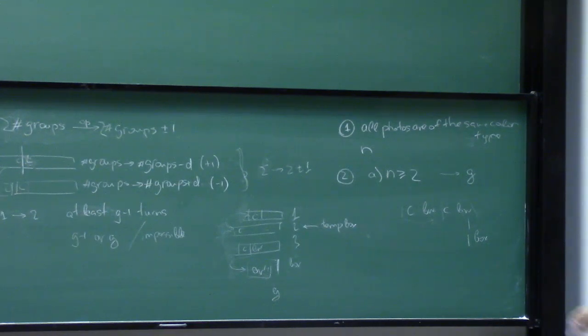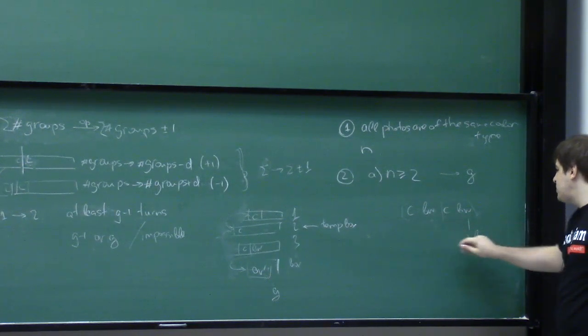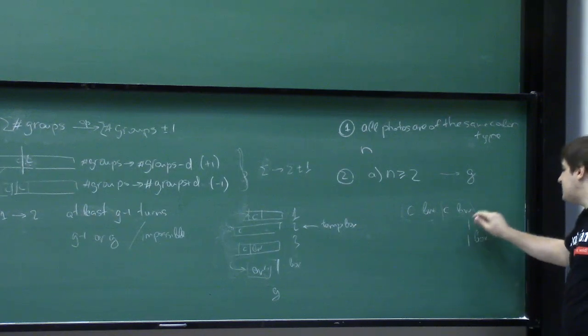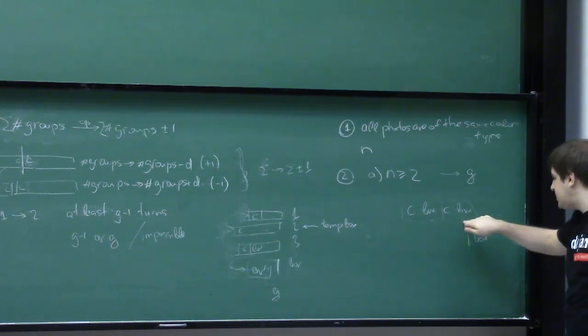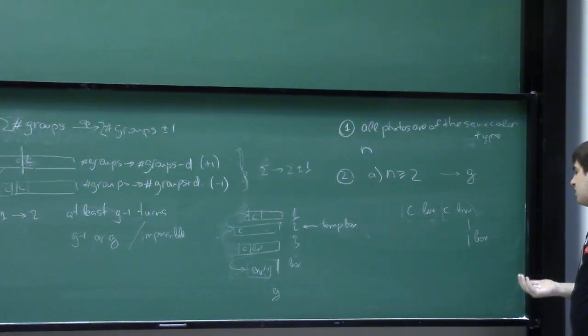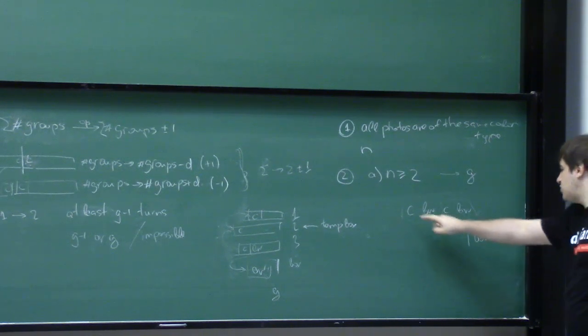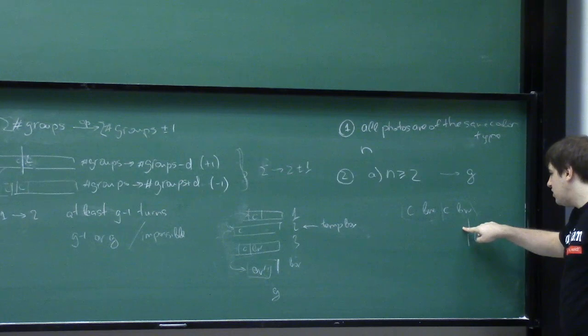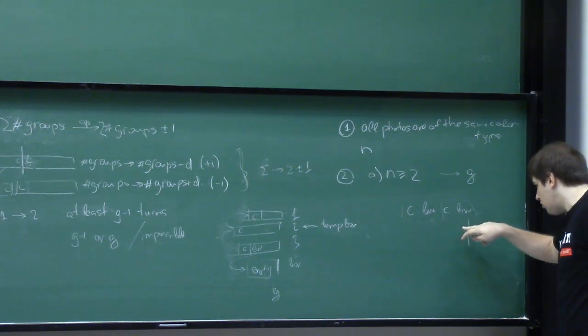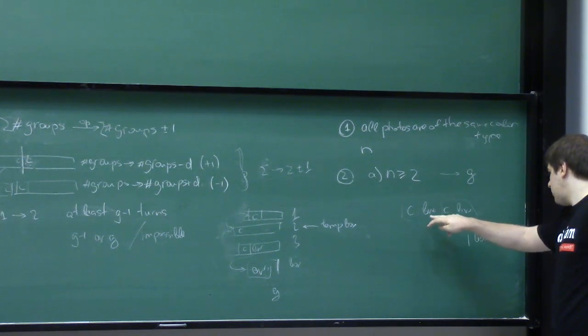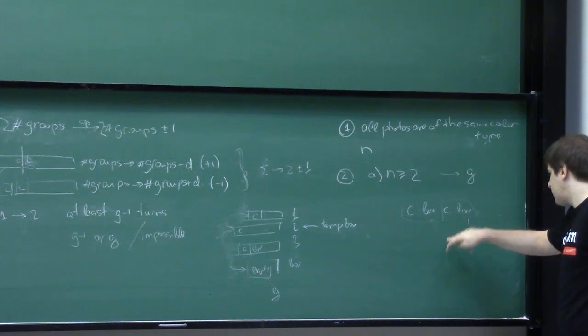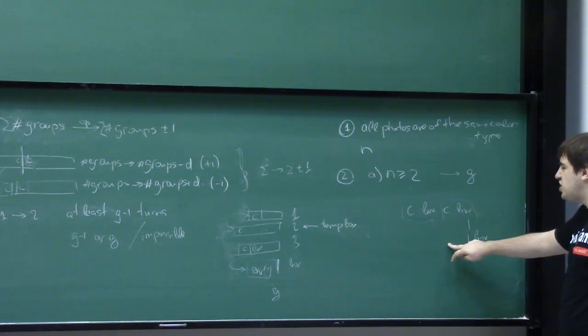We put C here, BW here. Then CBW here and C back here. Okay, but what happens? So it was 1, BW here, 2, 3. It still works in G terms.